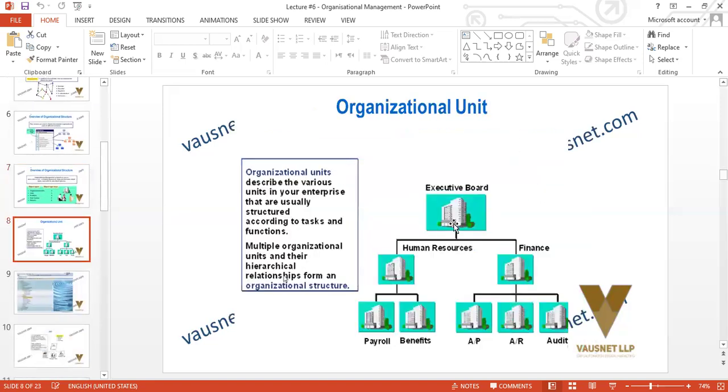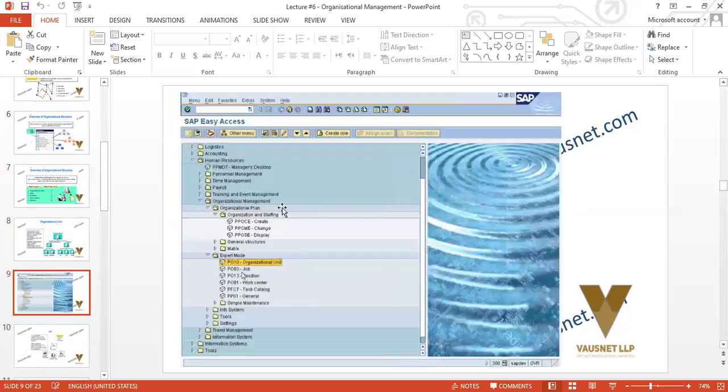A unit, basically, is a department, and under the department, there can be subunits. As we can see from here, human resources will have its own subset of departments. Finance will have its own. So, if you look at organizational units from SAP perspective, it's pretty simple.